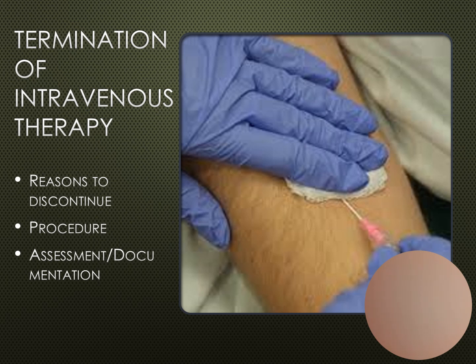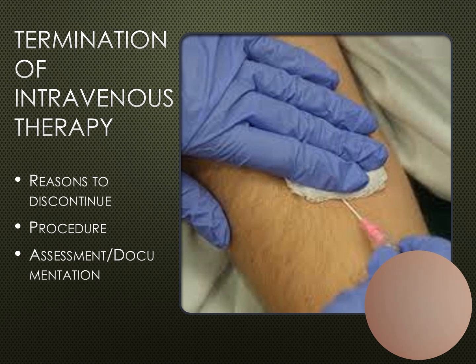We need to visually determine if the length of the cannula removed corresponds with the length that was inserted as noted on the original documentation, and visually determine that the catheter tip is not jagged. If we suspect a piece of the cannula is missing, always assess for signs of an embolus.